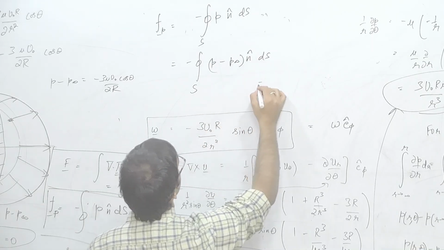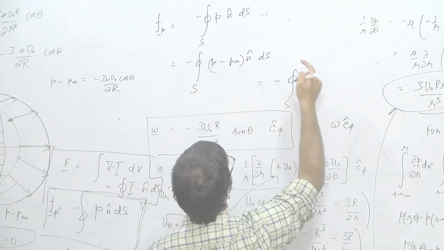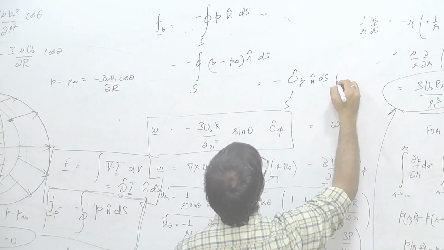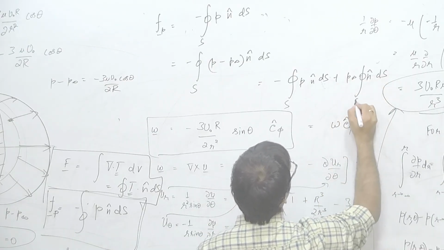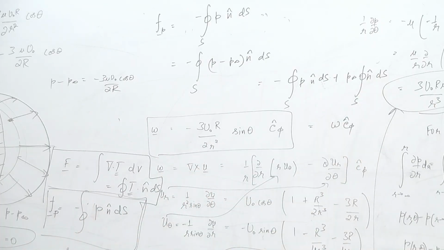Why? Because P infinity n dS integrates to 0. Why is this quantity 0? Why is the integral of n dS 0? Sure, intuitively you are making sense, but how do I derive it? How do I show this is 0?